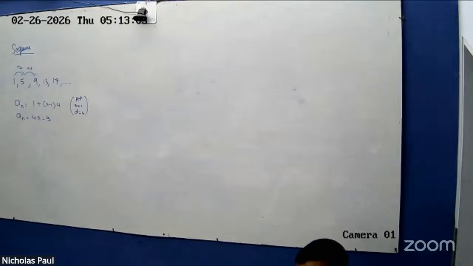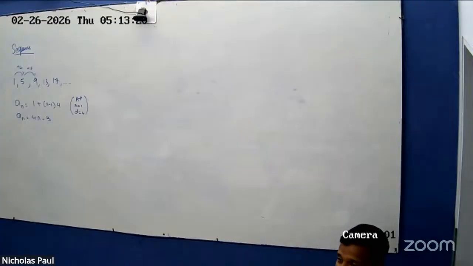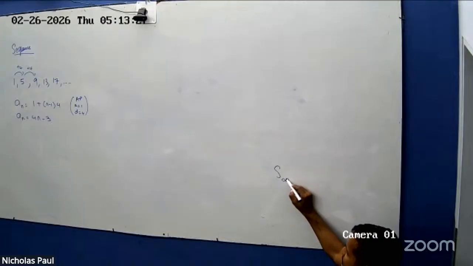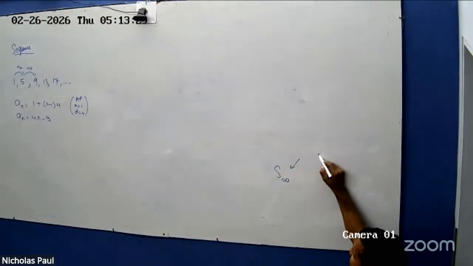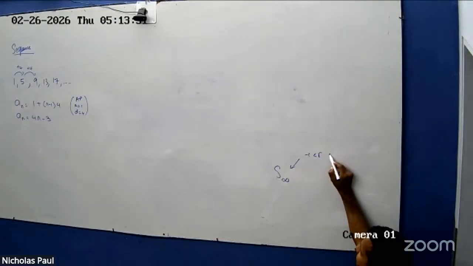A GP when r is between -1 and 1. Write that down: a GP when the sum to infinity exists, which is when r is between -1 and 1.